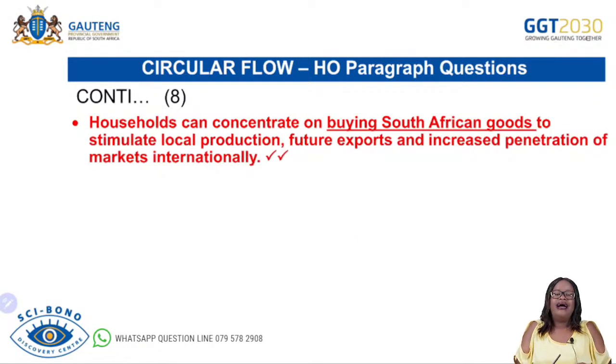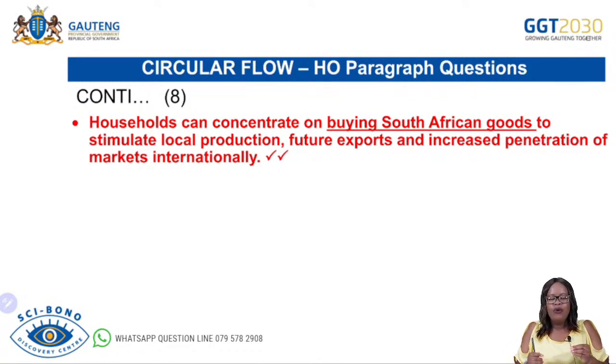Now, another way in which households may contribute positively to the economy is that households may concentrate on buying South African goods or local goods and services. And that is going to help promote or stimulate local production of goods and services, future export, and increase penetration of markets internationally.